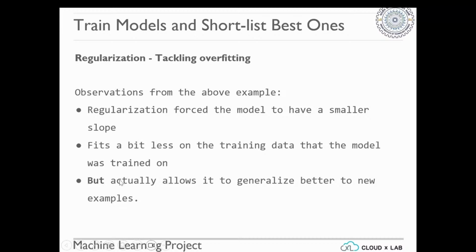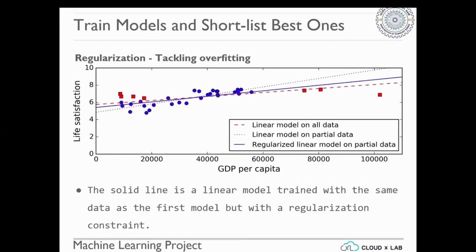And it fits a bit less on the training data that the model was trained on, right? And actually this regularized model performs better on future data, right? So at test time, the performance of this regularized model is better than the unregularized model, right?